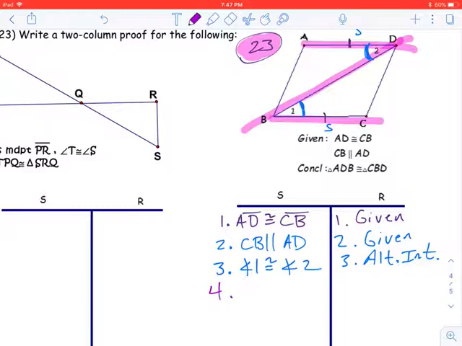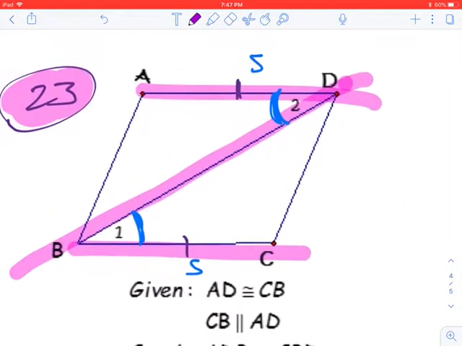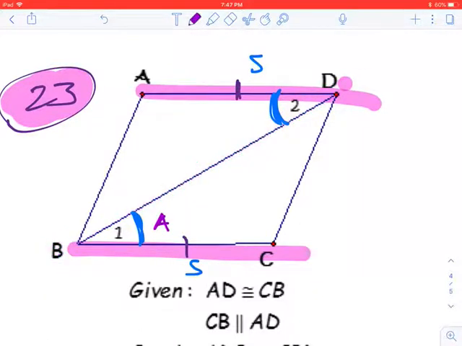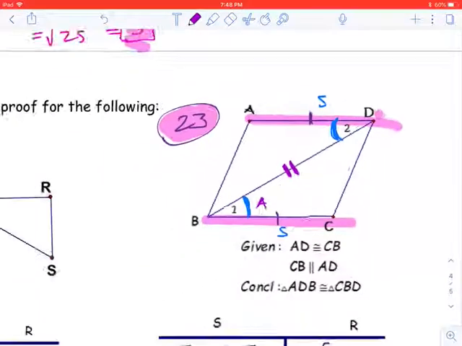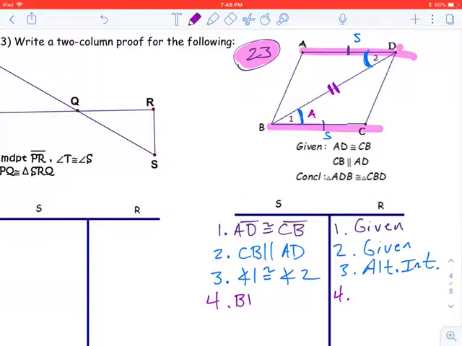And so, looking at our picture, I've got S, I've got A, and look what we have. This side here is the same in both. It's the same in both triangles. So, BD is equal to itself. BD is congruent to BD by reflexive.